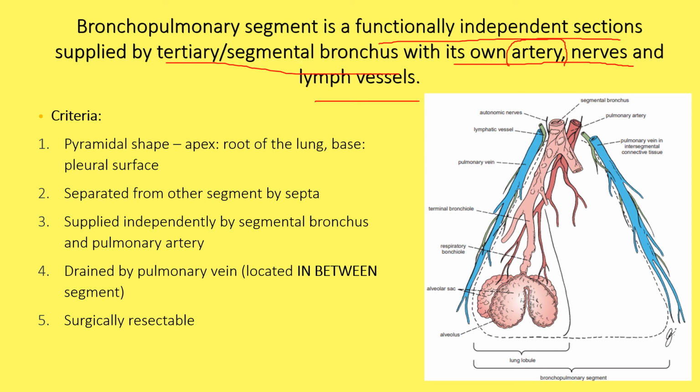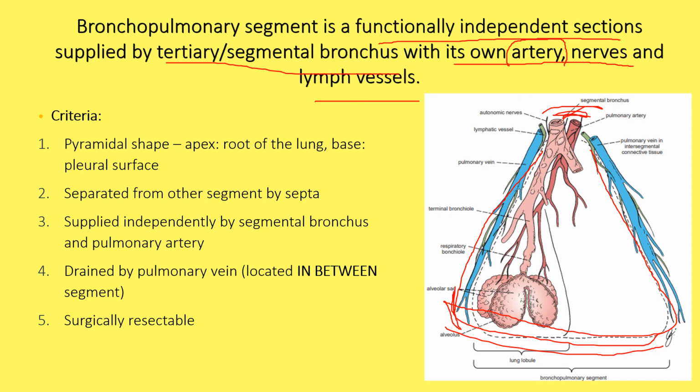What are the criteria of the bronchopulmonary segment? It is pyramidal in shape, with its apex towards the root of the lung and its base at the pleural surface. Each bronchopulmonary segment is surrounded by a septum and supplied independently by a segmental bronchus and the pulmonary artery, and is drained by the pulmonary vein that is located in between the segments.